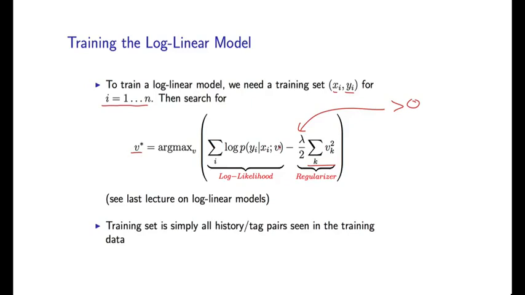As we said before, this regularizer term generally leads to much better generalization in cases where we could potentially have very, very large numbers of features.